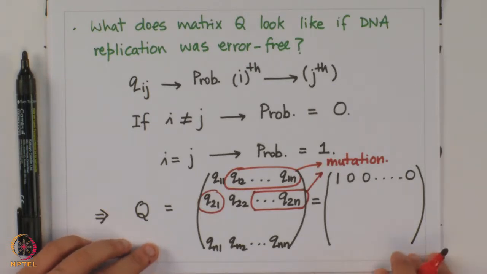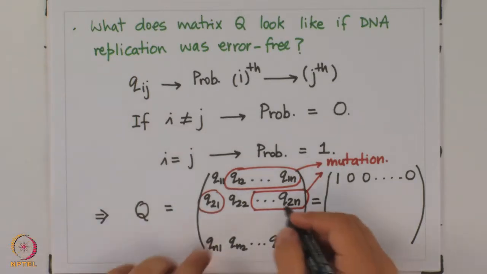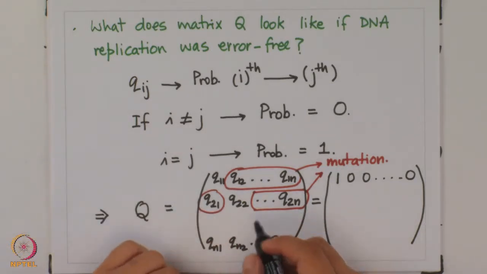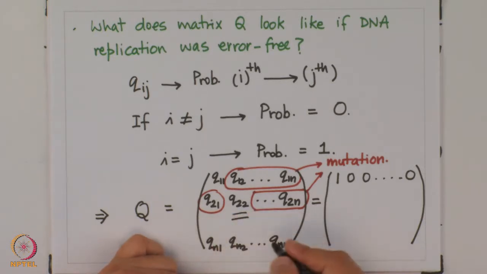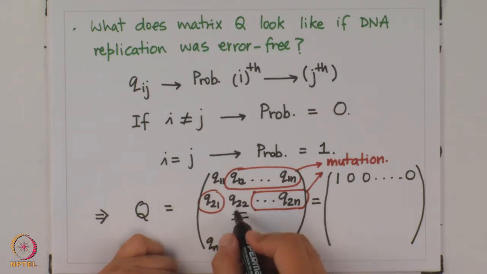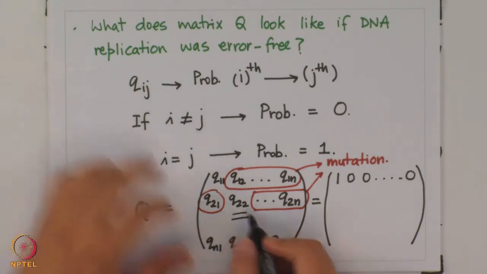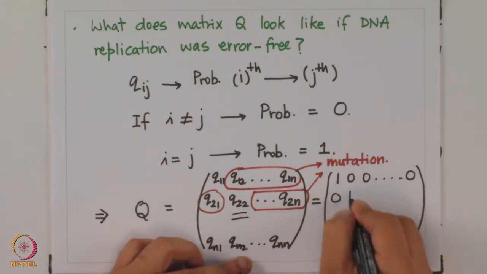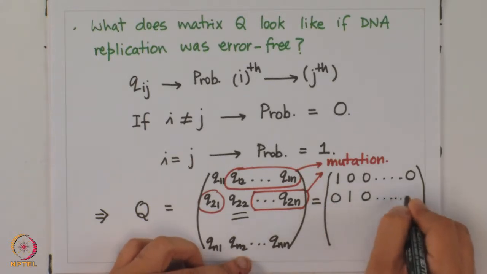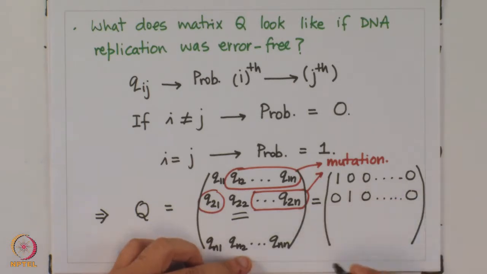Again, these are not permitted, and hence all these entries are equal to 0, and the only entry which is non-zero is Q22, whose probability of happening is 1, because every time a genome 2 divides, the progeny will have genome 2, because DNA replication is error free. Hence, the elements here are going to be 0, 1, and then the rest of the row will have just zeros.